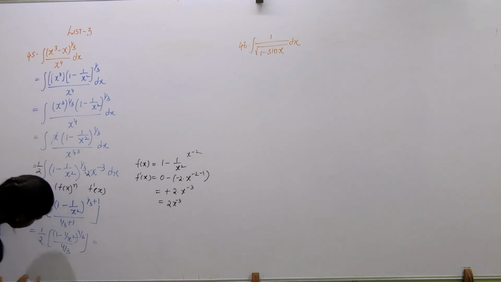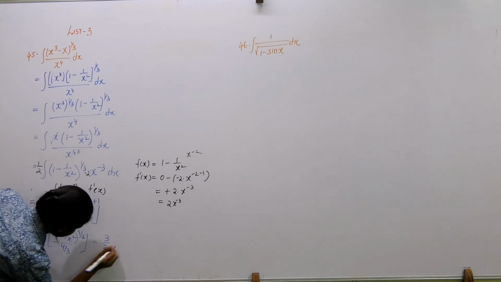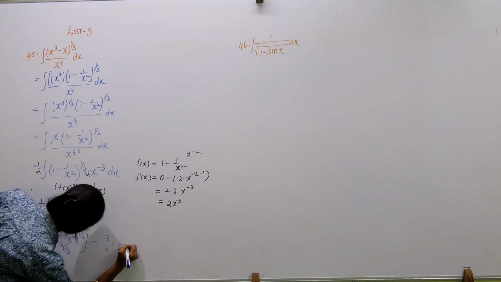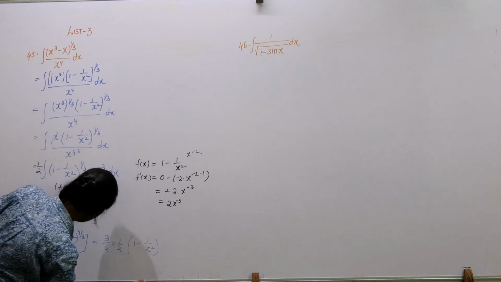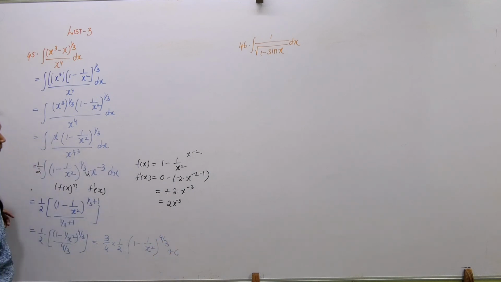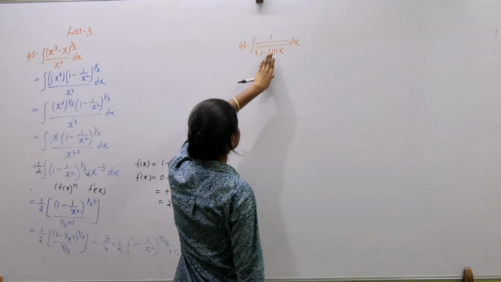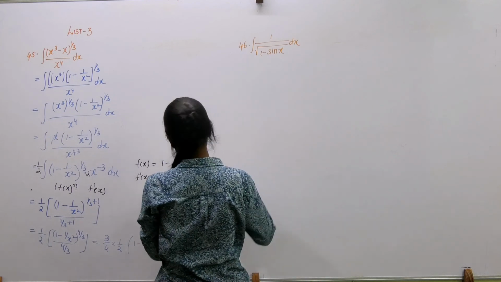It is equal to 3 by 4 into 1 by 2 into 1 minus 1 by x square whole power 4 by 3 plus c.